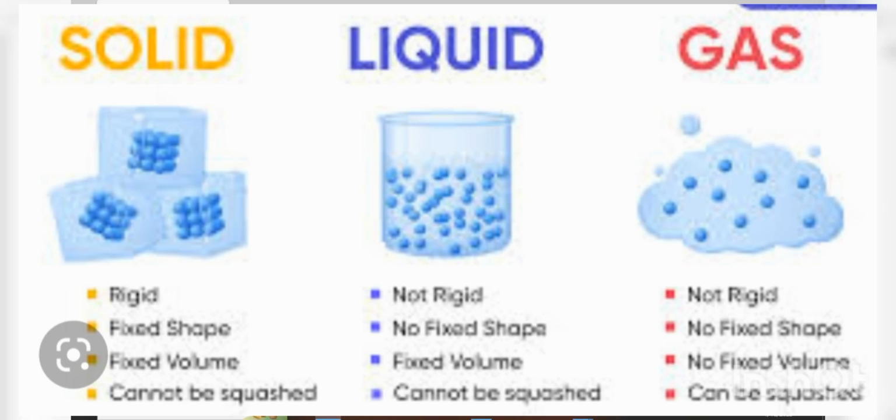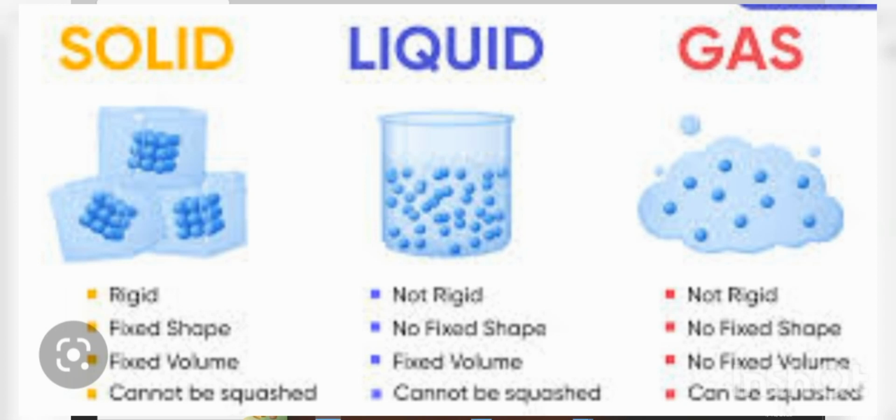To change the shape of a solid, it requires force. There must be some force applied for the shape of that particular solid to change, such as when it is broken or when it is cut.